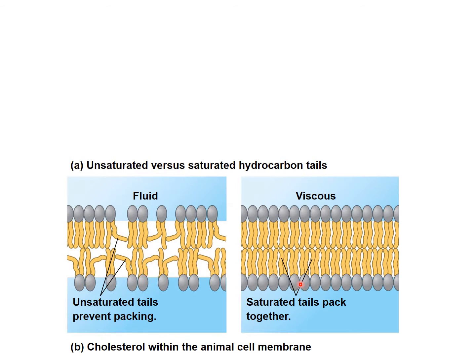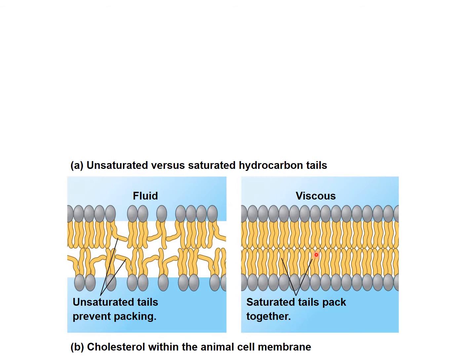So here, let's look to the right, and we've got this membrane, let's say it's an animal cell membrane, made up of phospholipids that have saturated fatty acid tails. This makes it very rigid, right? Here it's calling it viscous, so very thick. It's very rigid.